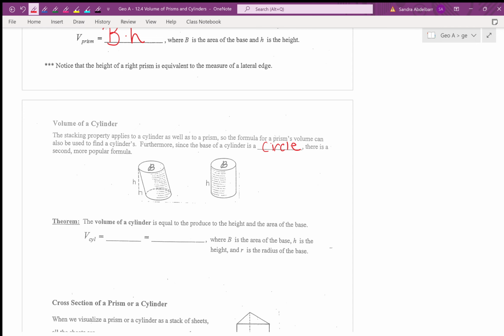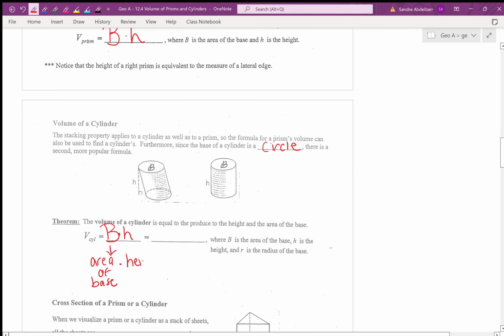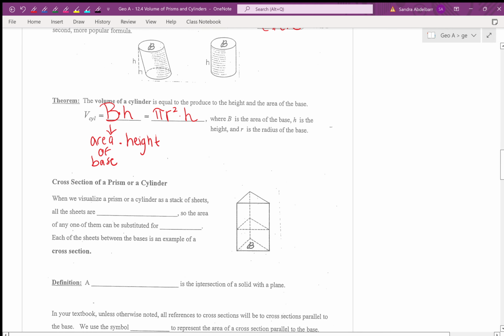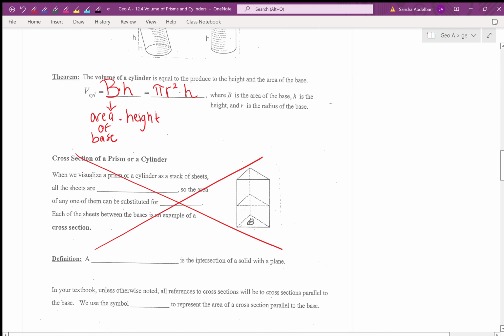We're going to do area of the base times the height, where that big capital letter B is area of the base times the height. And we know, isn't the base a circle? So this is pi r squared times the height. We do not need to know about cross sections, so we can cross this all off.